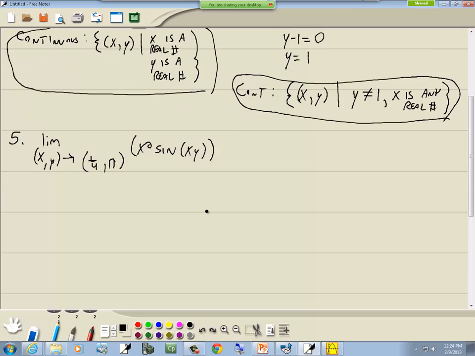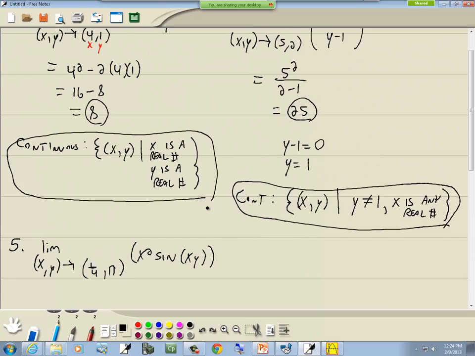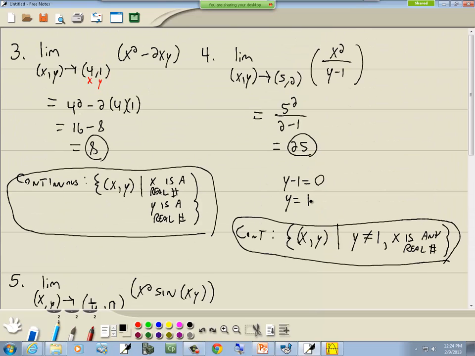Now for our limit to exist, we can't have any weird things going on with it. And usually your weird things happen when you have possibly rational functions. Like up here, if we had a rational function, we would have a problem at 1. If y was 1 and x was whatever, we might have an issue there. It all depends.